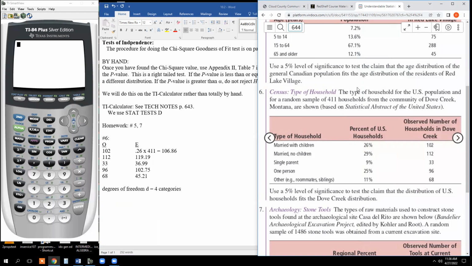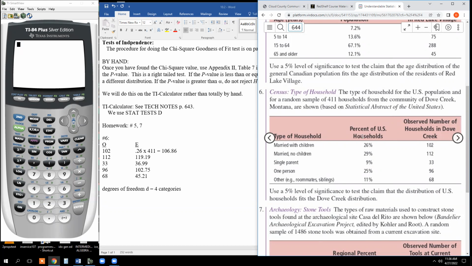So, census, type of household. The type of household for the US population, and for a random sample, this is your sample size, 411 households from the community of Dove Creek, Montana are shown. On the table, you have the type of household going down, married with children, married, no children, and so on. Notice that there are 5 categories.